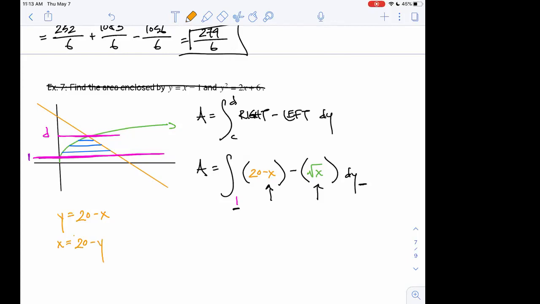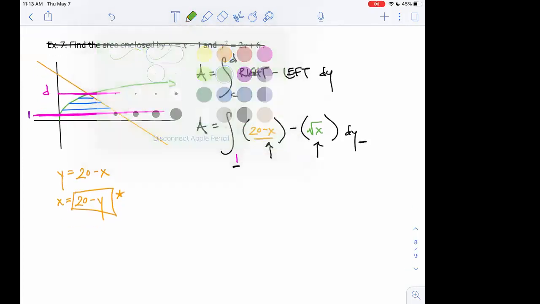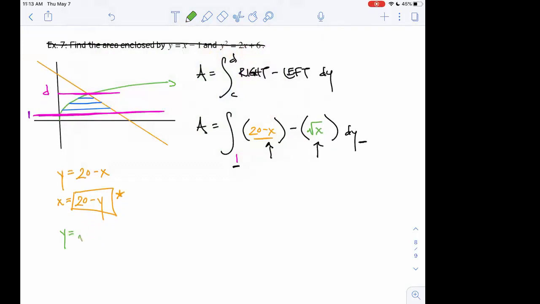This 20 minus y is the same function, but in terms of y. And this is what you want to use inside where it says right function. Let's take the green function and do the same thing. I want you to isolate x. When you isolate x, what does that give you on the other side? Y squared. Okay, so y squared is what you want to put in instead of square root of x.